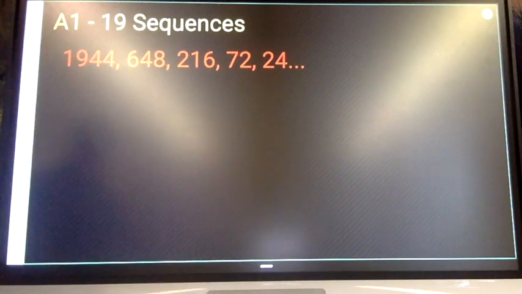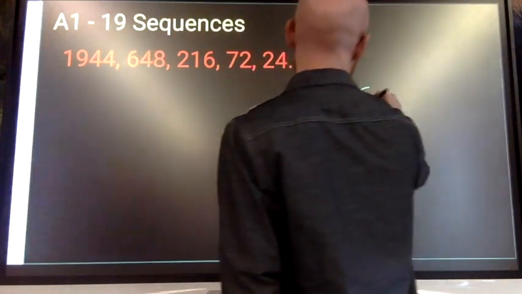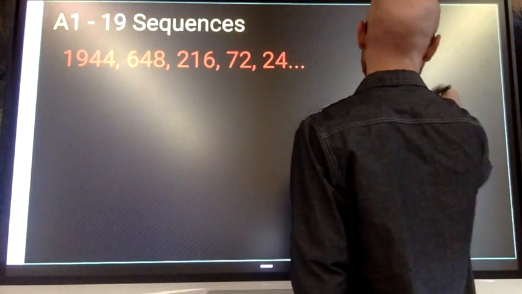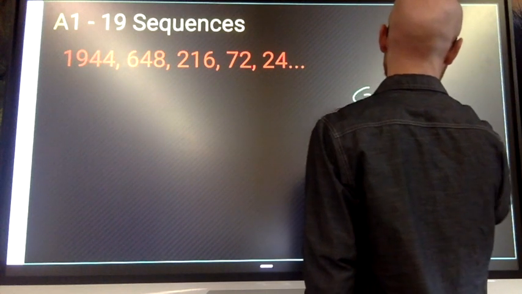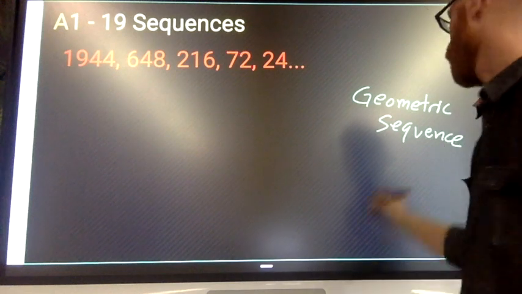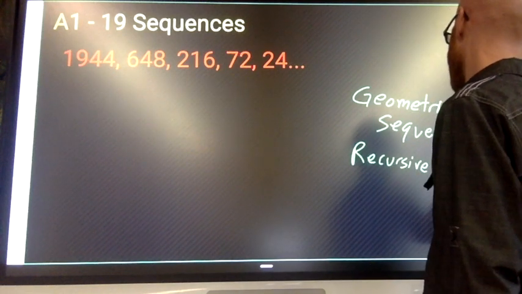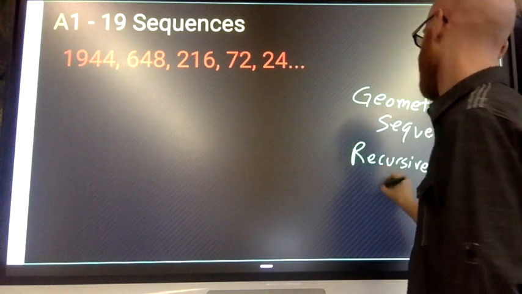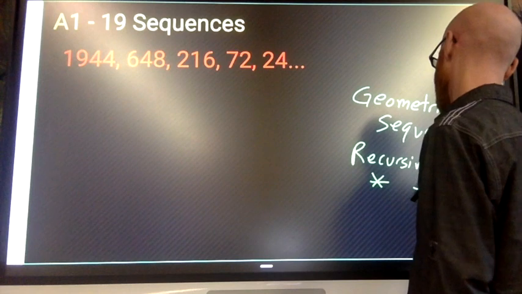The second thing you're going to want to check for is whether it is a geometric sequence. Geometric sequences, the recursive rule is multiply or divide by the same amount each time.